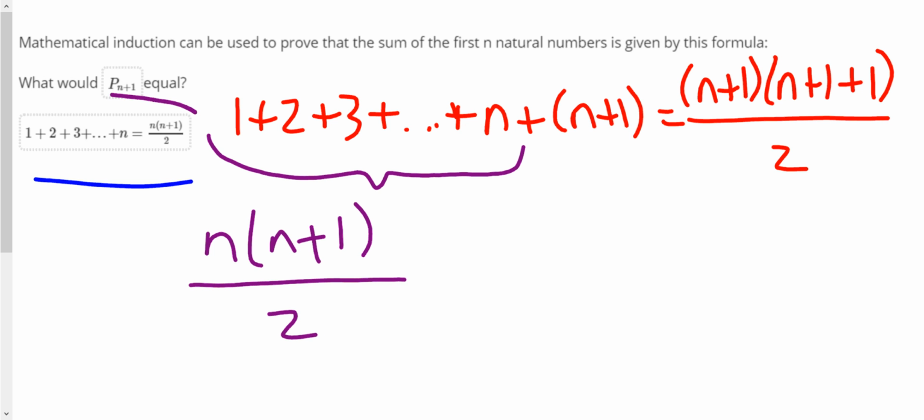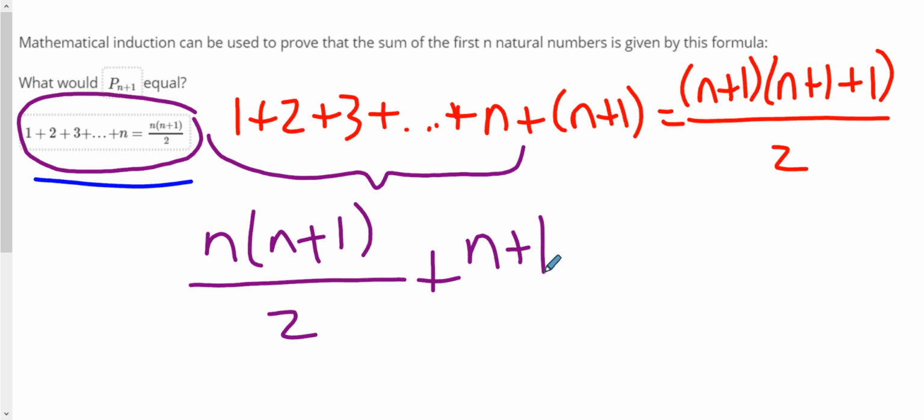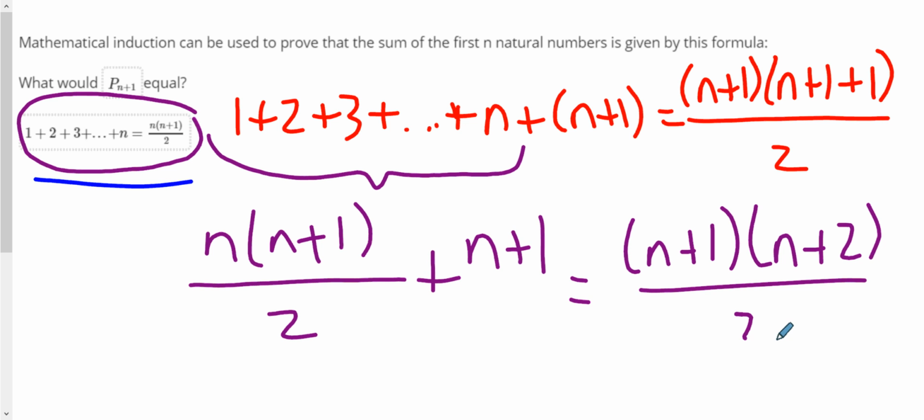I was told that in this statement. We're assuming that's true. So then I'll have plus n plus 1 equals (n plus 1) times (n plus 2) divided by 2. And I'm asking myself if this is true or not. So let's put a question mark there.